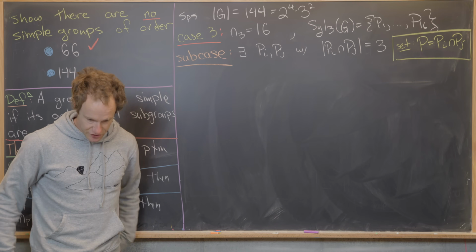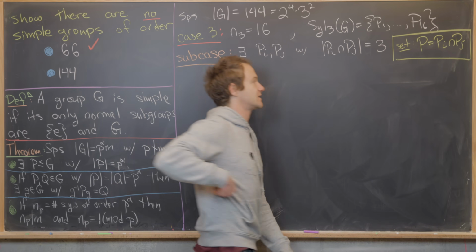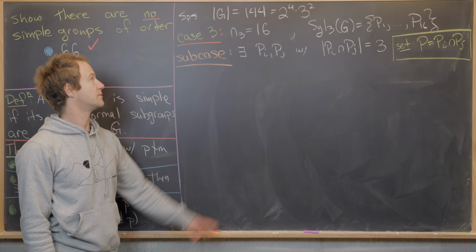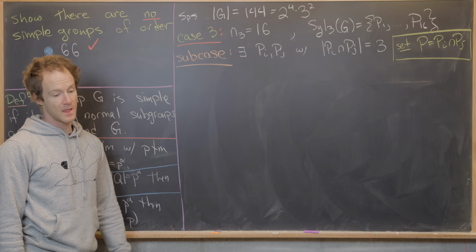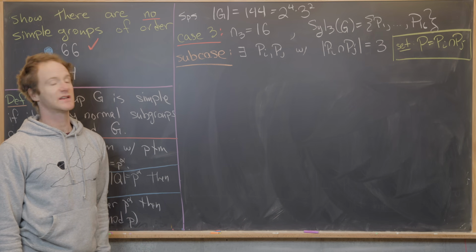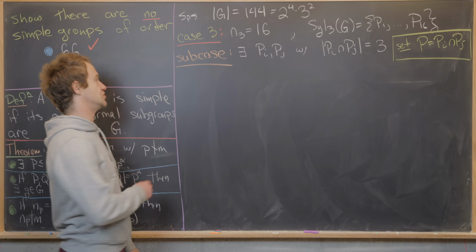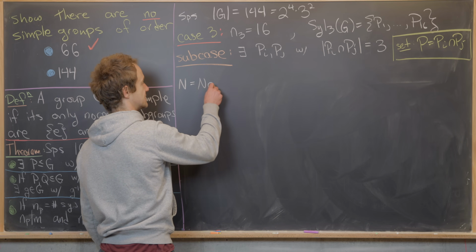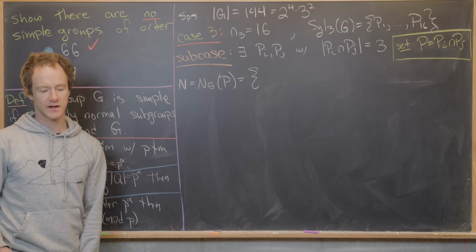Then next we're going to introduce some more notation, and that is we'll just call P equal to the intersection of Pi and Pj. So that's going to be a subgroup of our original group that is of order 3. Okay, next we're going to consider something called the normalizer of P in G, and we're going to call that N. So we'll say N is equal to N sub G of P. So let's recall what that is really quick.